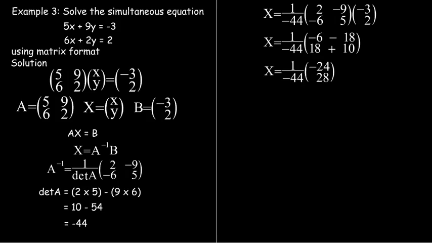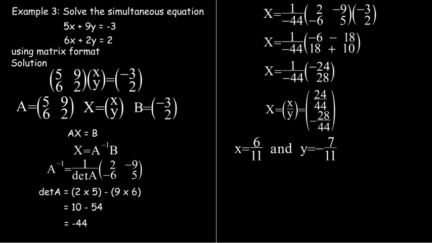So X will be equal to 1 divided by minus 44, matrix [-24 28]. And multiplying them, recall that X is equal to matrix xy, so it will be equal to matrix [24 divided by 44; -28 divided by 44]. So dividing, x will be equal to 6 over 11 and y will be equal to minus 7 over 11.